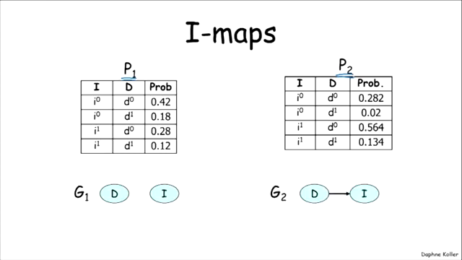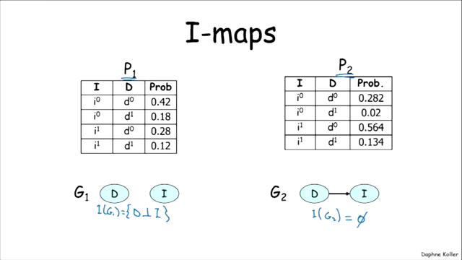What's I of G1? Well, I of G1 is the independence that says D is independent of I, because there's no edges between them. What's I of G2? Well, I of G2 implies no independencies, because D and I are connected by an edge and there's no other independencies that can be implied. And so I of G2 is the empty set.